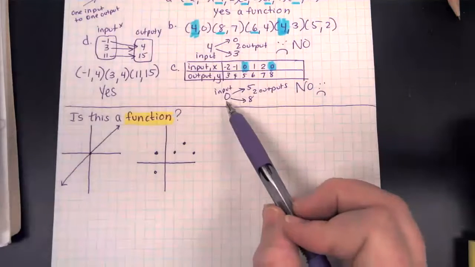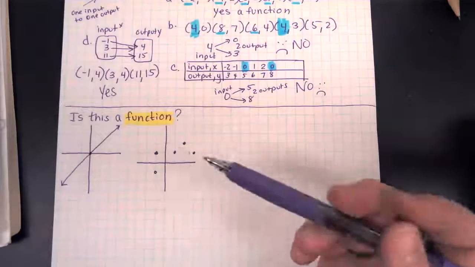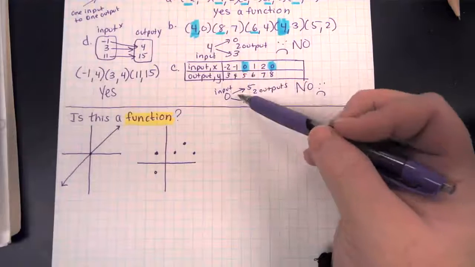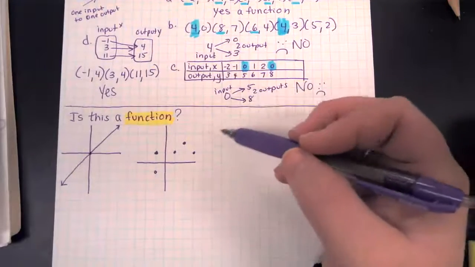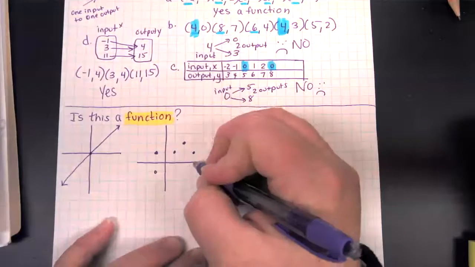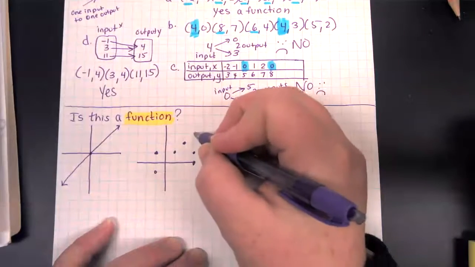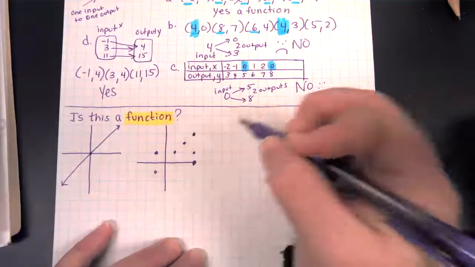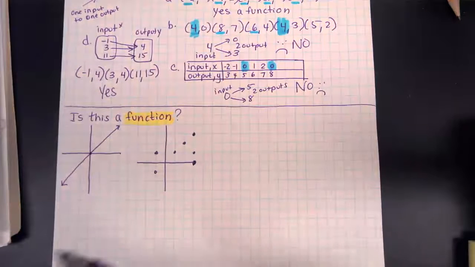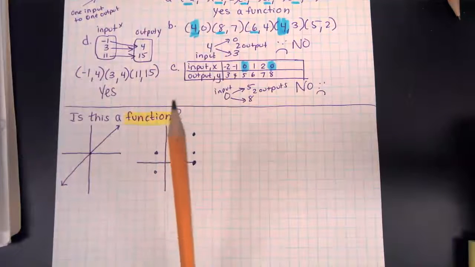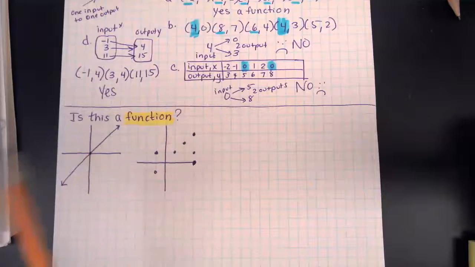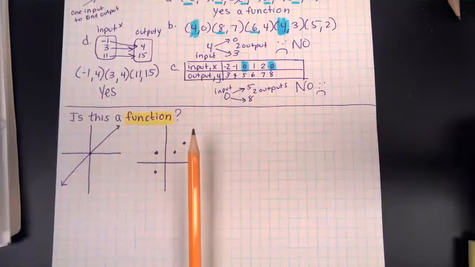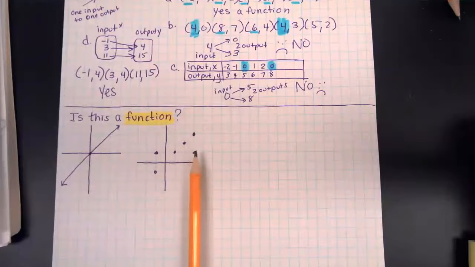If you have 1 input to 2 outputs, then they would be right over top of one another. So in this case, for example, (4, 0) and (4, 3) would be right there. We're going to use something called the vertical line test. If I use the vertical line test and I hit more than 1 point on a vertical line, then it is not a function. So you see how when I do this, it hits those 3 points.